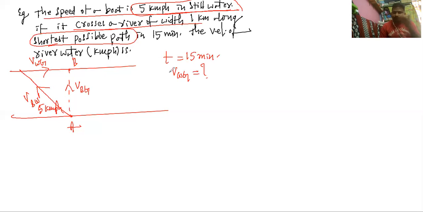Okay. Now, everything we need to make in kilometers per hour because the answer we need is in kilometers per hour. So in terms of hours you can make it 15 by 60 hours. So this is 1 by 4 hours. Now, how to find this velocity?